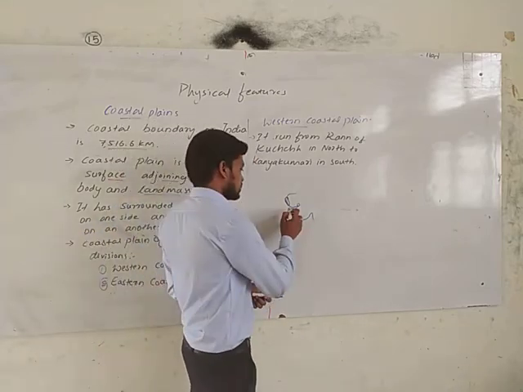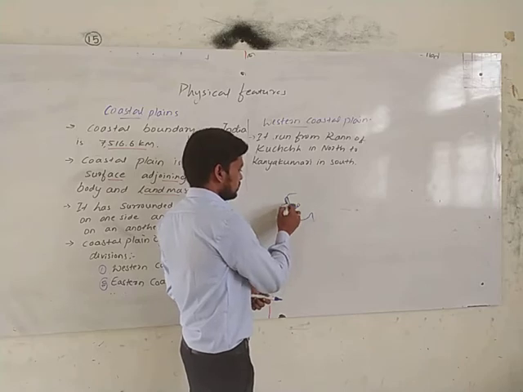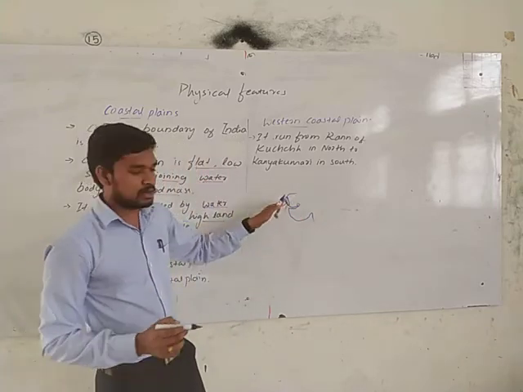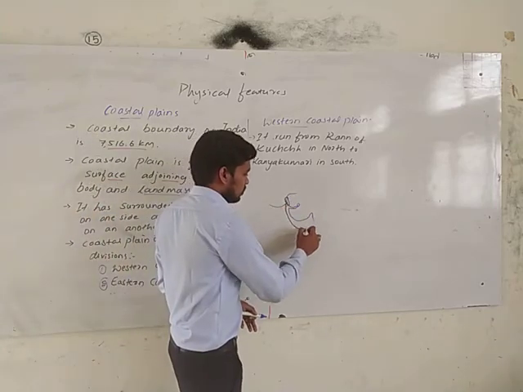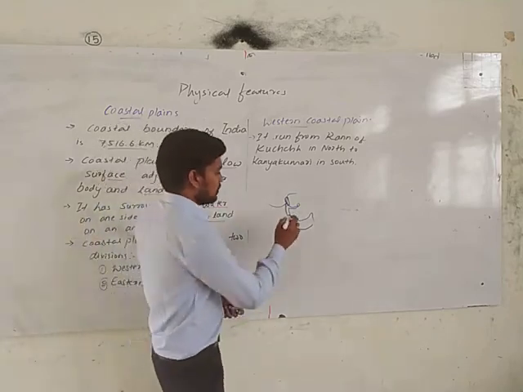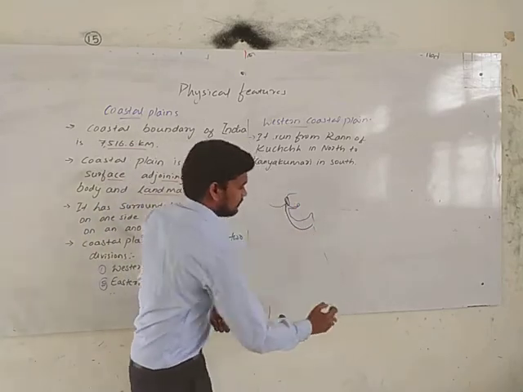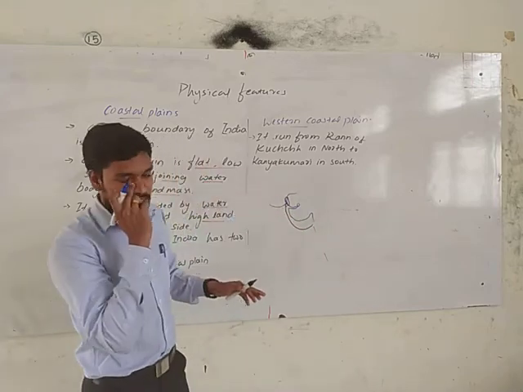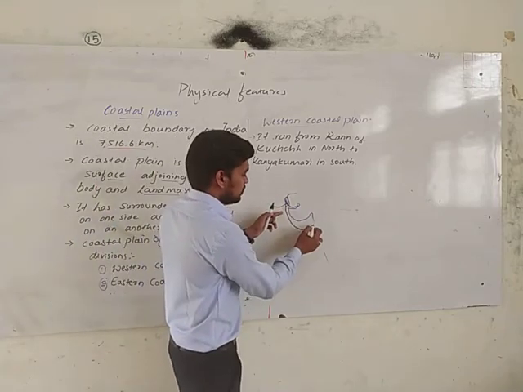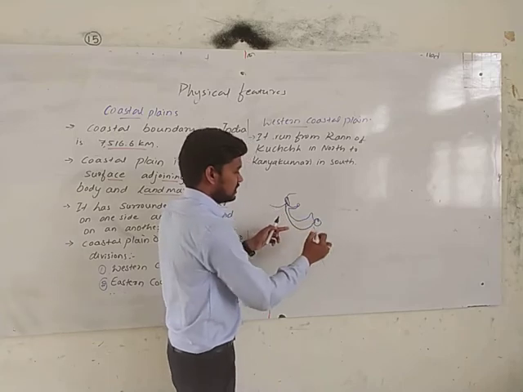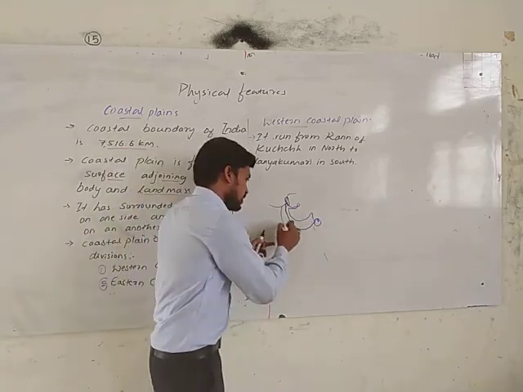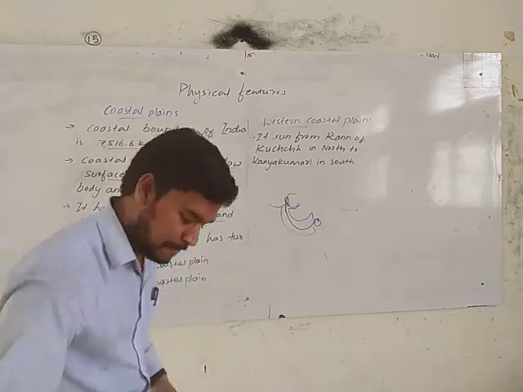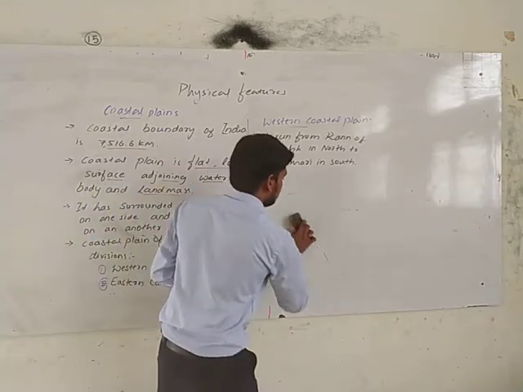So this coastal plain starts from here; actually it's connected to Pakistan over here. The coastal plain runs from the Rann of Kutch to Kanyakumari. And the first division from the north is the Kathiawar coast. It starts from here to Diu, a city here. So it's one division of the coastal plain. Is that clear?